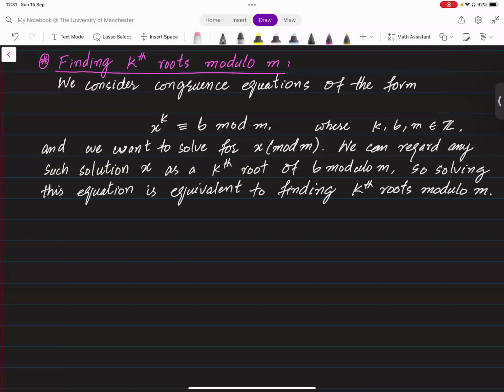Okay. Now, in fact, we now have enough theory in place to be able to do this under certain assumptions, when m is either a prime or a product of two primes. So let's begin with an example.